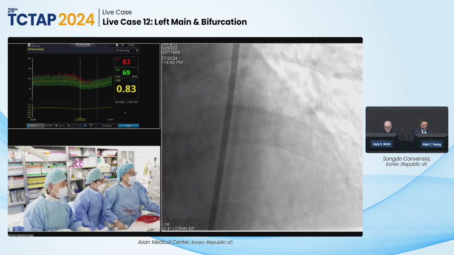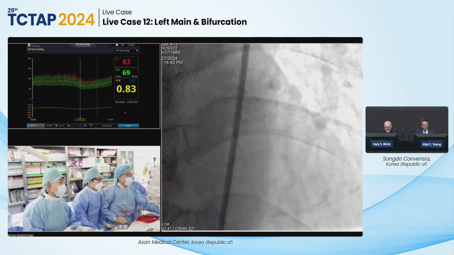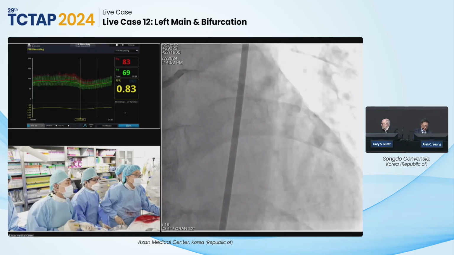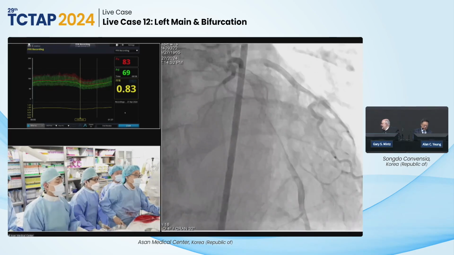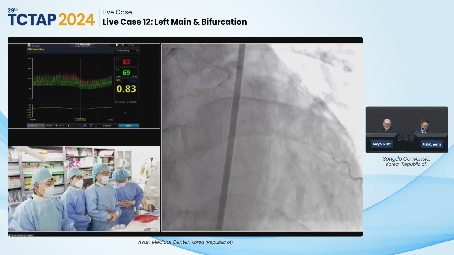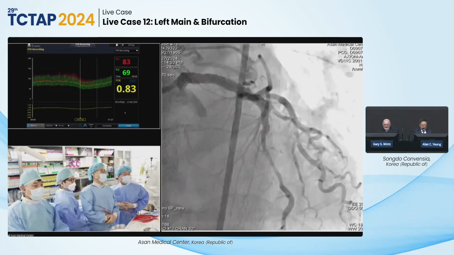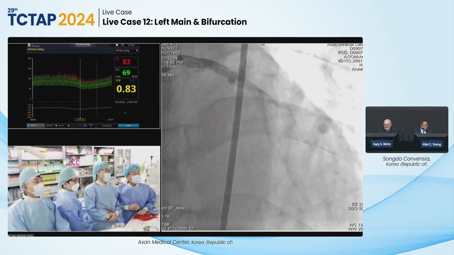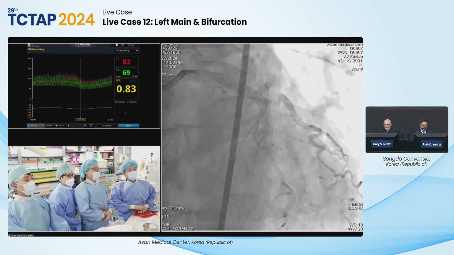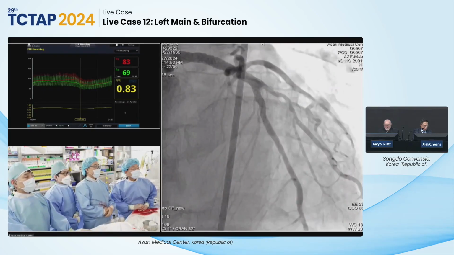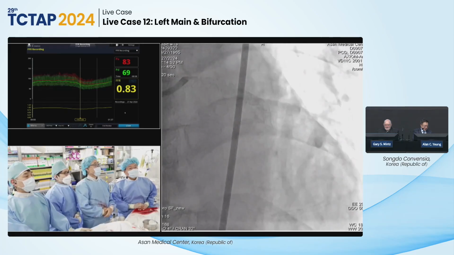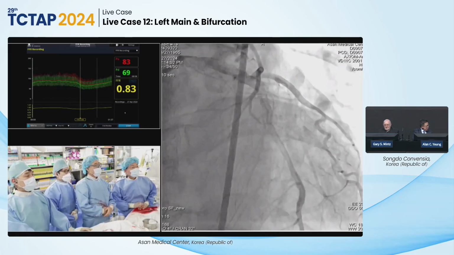It was clear on IVUS that it was pretty significant, the area really small. Yeah, perfect. So would you treat the diagonal branch or not? We treated the left main and LED, all of which were very severe lesions. So what do the panelists think?